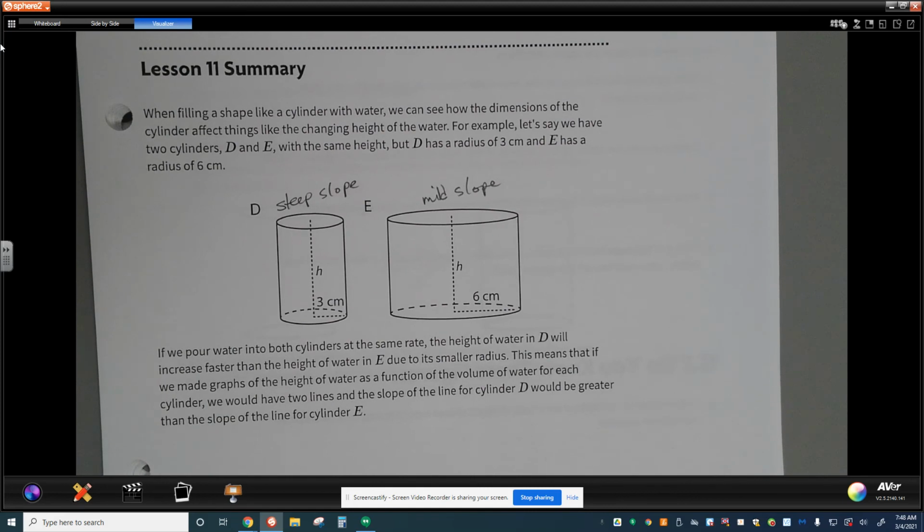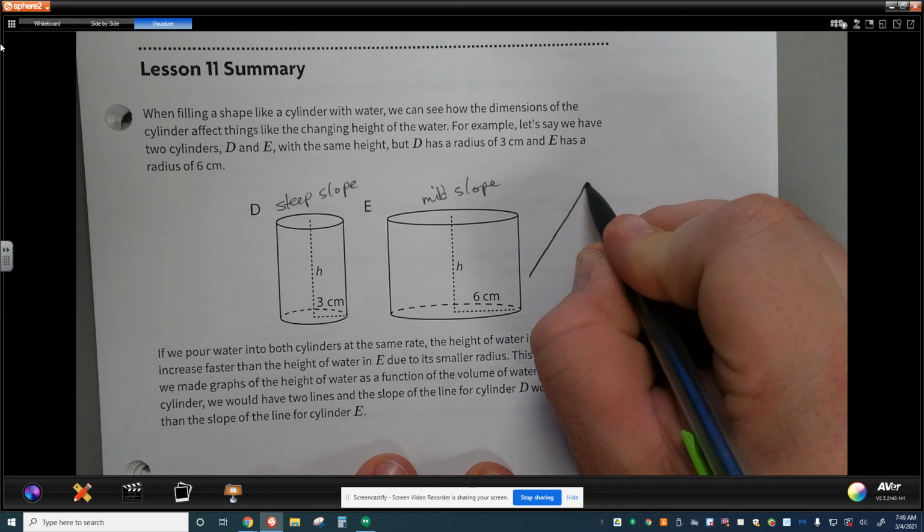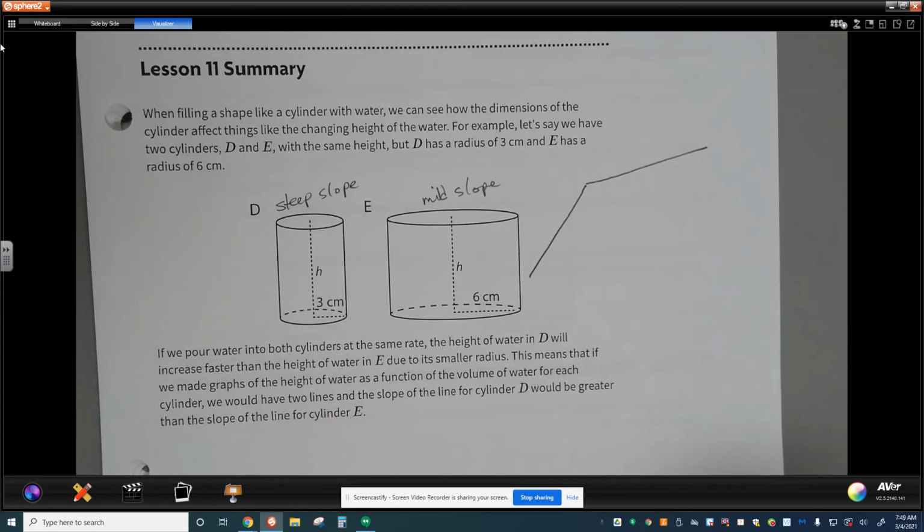If we made a graph that represents the height of the water as a function of the volume, we would see that the slope of the line for cylinder D would be much greater, like this, and then E would be something like this. That's the gist of today's lesson. We're going to get a lot more into the volume of things, but right now we're just trying to tie volume into a function.